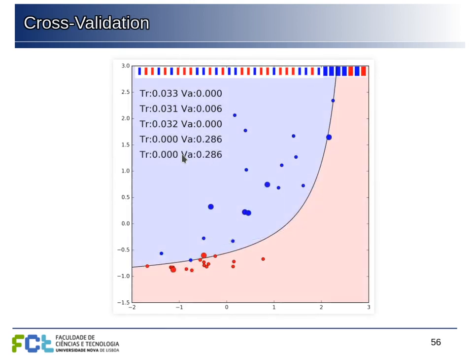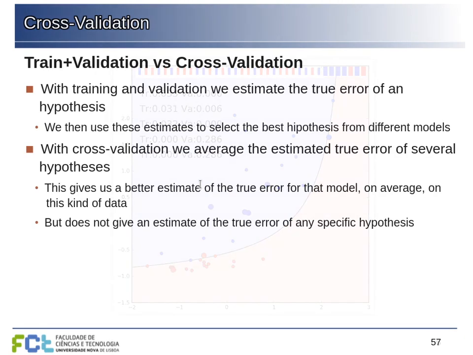And they have different training errors and different validation errors, depending on which points were left in the training set and which points were left outside for validation. So now we can average this and have a better idea of how this model will perform when we adjust it to this kind of data. We have different hypotheses here, but on average, it gives us a better idea of the model's performance.